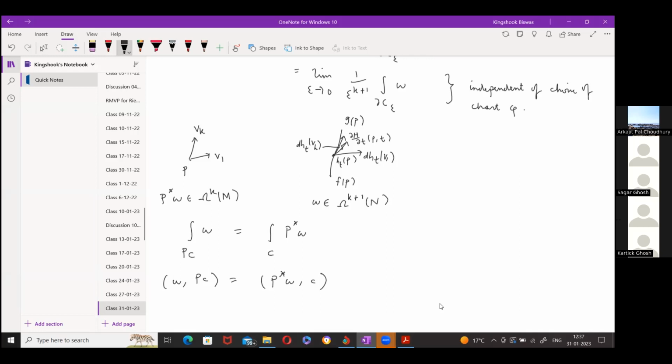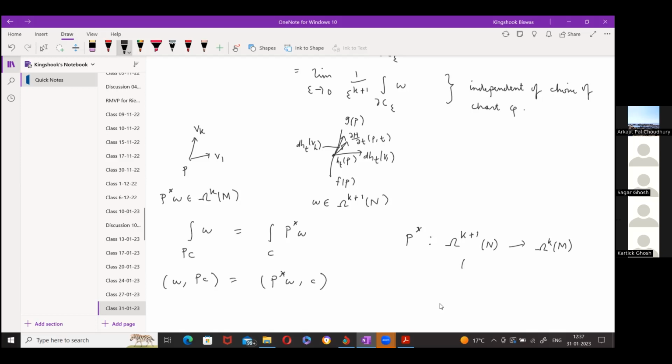So this operator on forms that we've defined, P star, goes from (k+1)-forms on N to k-forms on M. This is nothing but the dual of the prism operator.